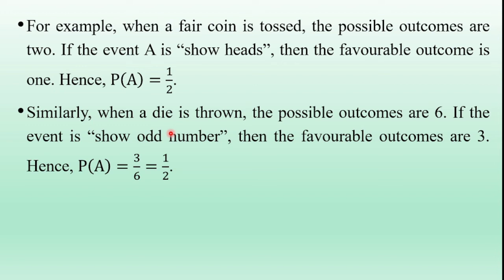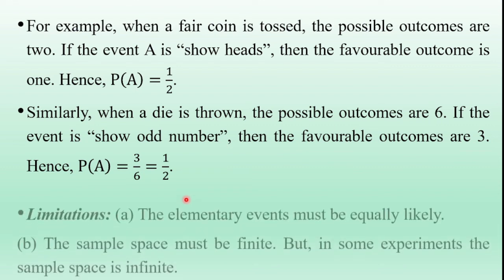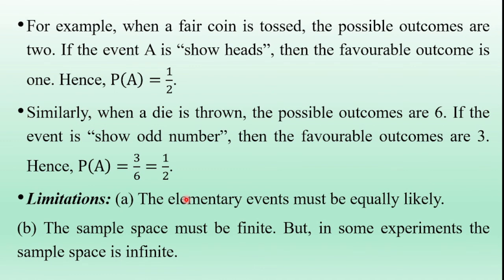Therefore, the probability of A is equal to favorable outcomes by total outcomes, which is 3 by 6, equal to 1 by 2. These are examples of the classical definition of probability.